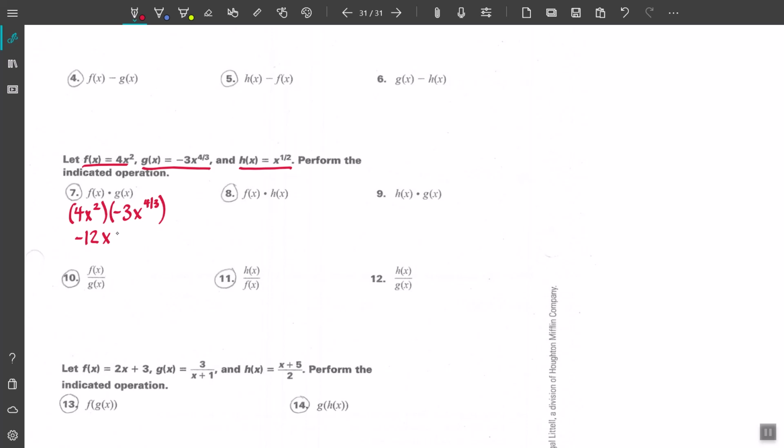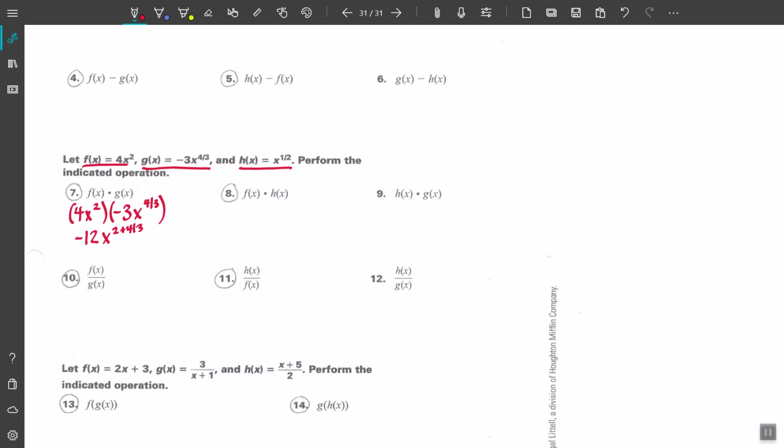So in this case, we end up with 2 plus 4/3. You can either change that 2 to have a denominator of 3, so we could say 6 over 3 plus 4 over 3, or you can think of 4/3 as 1 and 1/3.